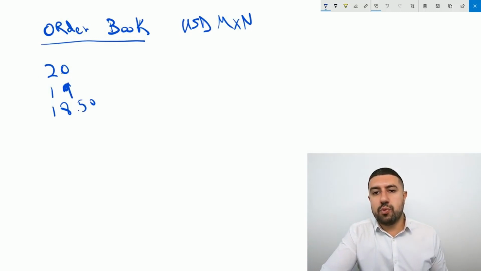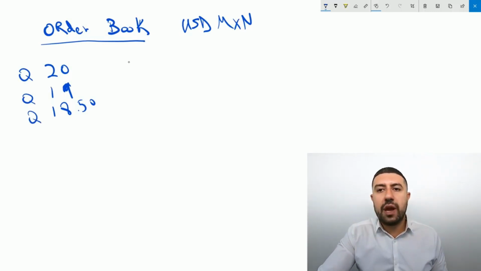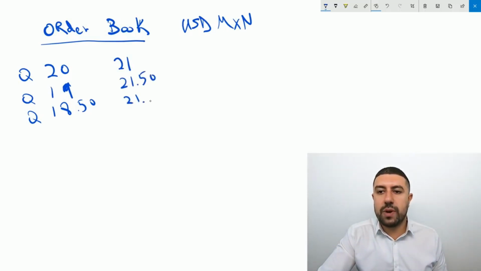And this is the price. There's going to be a quantity as well, but let's just assume there's just the price for now. And then you have sellers as well, right? And sellers, somebody might want to sell at 21. Somebody else might want to sell at 21.50. Somebody else might want 21.99. Somebody else at 25.